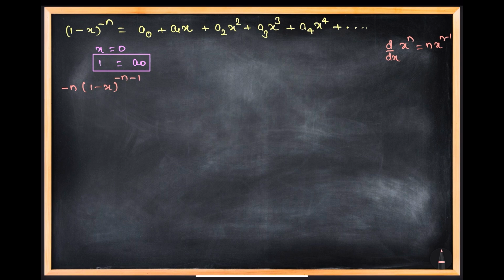Then you will be differentiating the inner part: differentiation of 1 is 0 and differentiation of minus x is minus 1, so this becomes plus. Differentiation of a naught will become 0 and you will have a1 plus 2 times a2 x plus 3 times a3 x square plus 4 times a4 x cube.